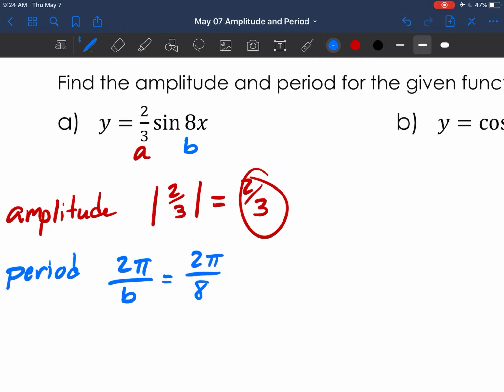And then for these, you have to simplify the fraction. So that would simplify to 2/8. Divide both of those numbers by 2 and you get 1/4. So 1 pi over 4, which if you cleaned it up to make it look nicer, would just be pi over 4. So there you go. That's how you find the amplitude and the period.